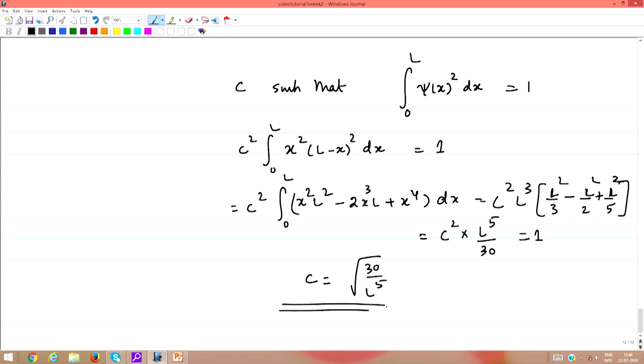So, once you know this normalization constant, then the energy average value, it has to be average because it is not an energy operator. This function is not an eigenfunction of the energy operator.